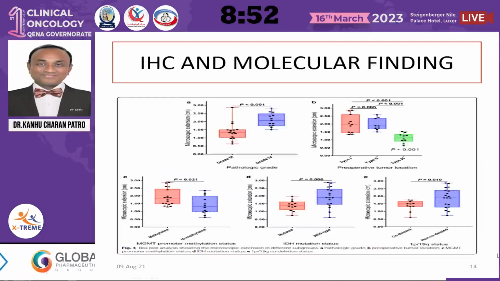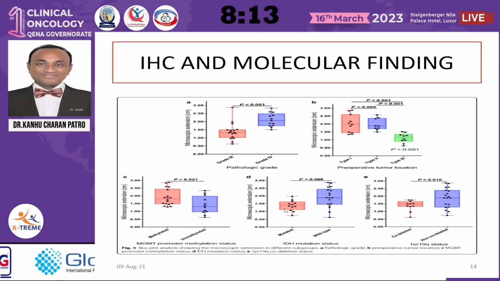It is shown in the IHC and molecular findings that if the pathological grade is grade 3 versus grade 4, the microscopic extension in grade 4 is beyond 2 centimeters, 2 to 5 centimeters. You can see the preoperative tumor location here, and methylated GBMs have a larger area of extension, while unmethylated has slightly less extension.